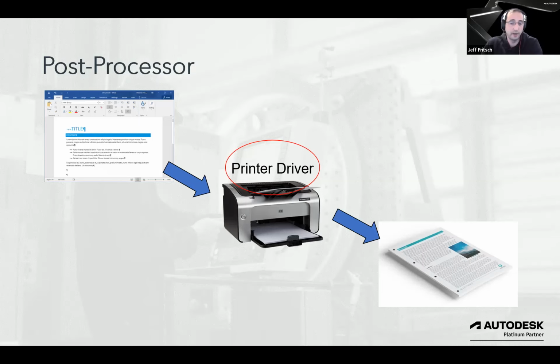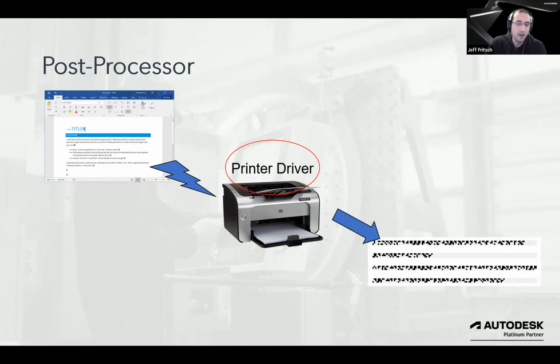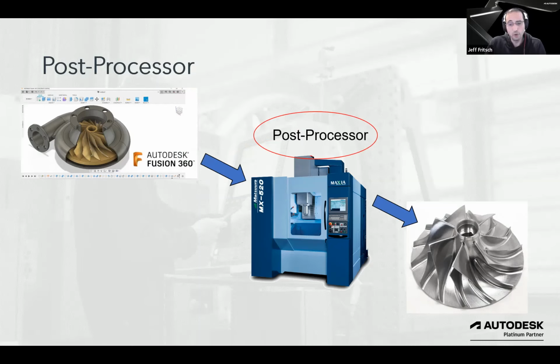Now, the technology there is obviously there to support that. I'm sure a lot of us have experienced having to chase those printer drivers and not having something appropriate come out. In our world, this is very much the role of the post processor: to convert the toolpath that was generated on the CAM side into instructions that the CNC machine tool will be able to run, to understand, to perform the motion appropriately so that we have a proper part coming out.